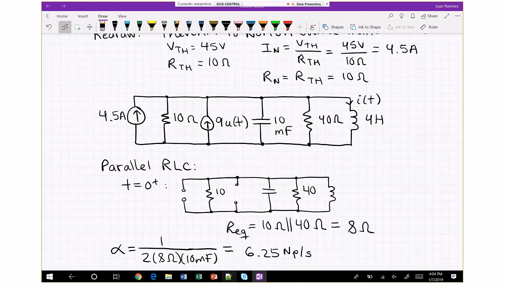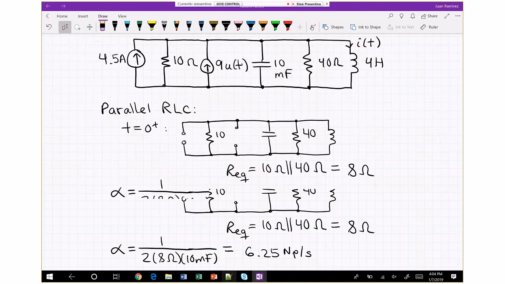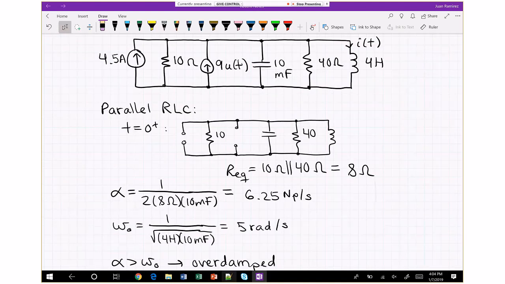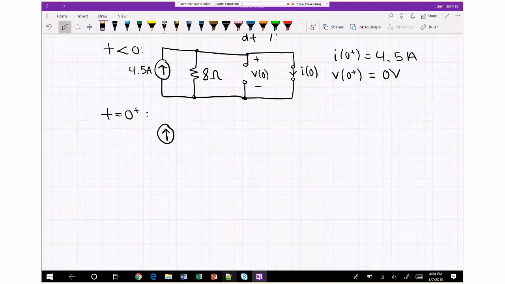They're in parallel, and I think it's a little more intuitive to think that voltage sources in series add up, but also know that current sources in parallel add up. So I could draw this as one current source equal to 4.5 plus 9 amps because they're in parallel. If they're in series, they don't add up that way.